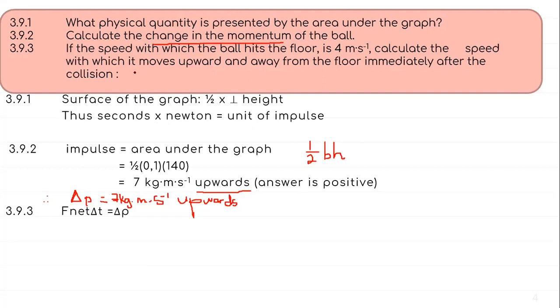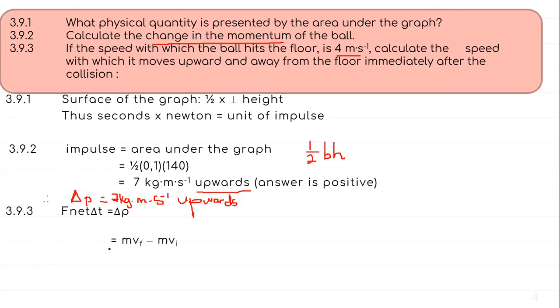Then they tell us that if the speed with which the ball hits the floor is 4 meters per second, calculate the speed with which it moves upwards and away from the floor immediately after the collision. Now, what do we know, my dear learners?